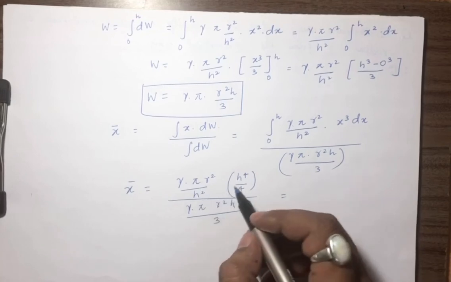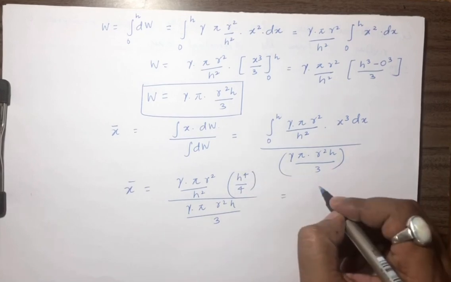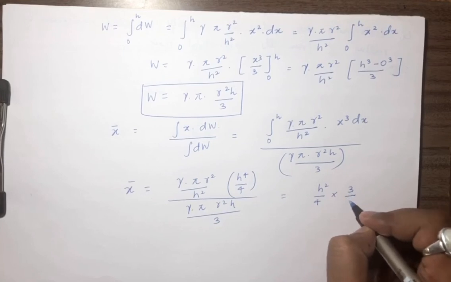So gamma pi r square cancels, here we are going to get h square by 4 into 3 by h.